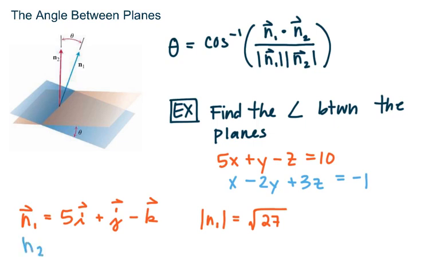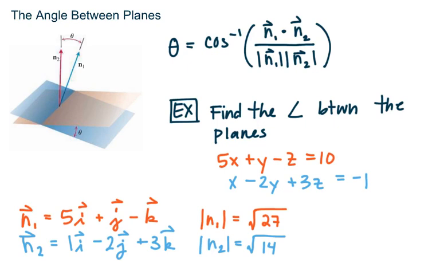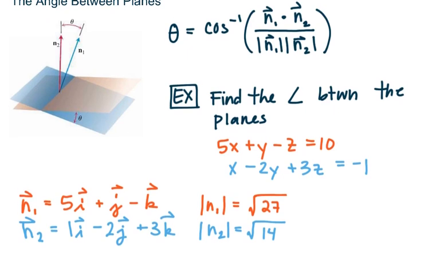Normal vector 2 is 1i minus 2j plus 3k. And the magnitude of normal vector 2 is 1 squared plus 2 squared, 4, 5, plus 3 squared, 9. We end up with the square root of 14. So those are my magnitudes.